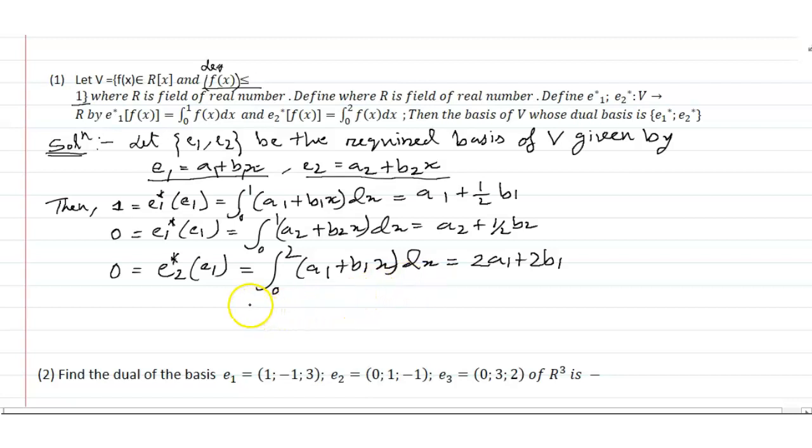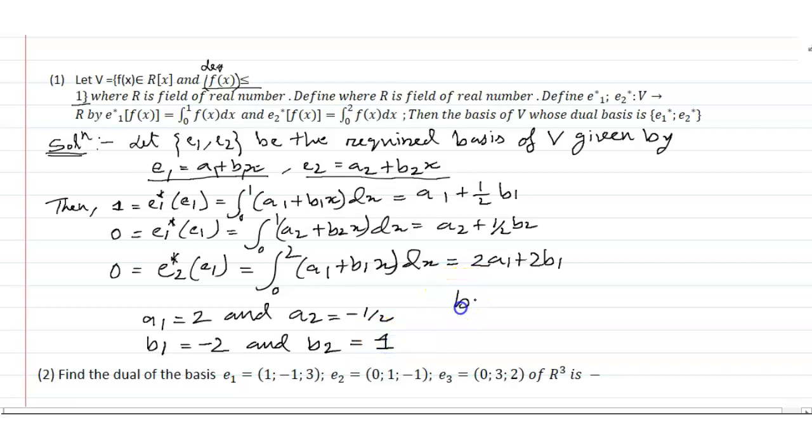And now we get A1 equals 2, A2 equals minus half, B1 equals minus 2, and B2 equals 1.